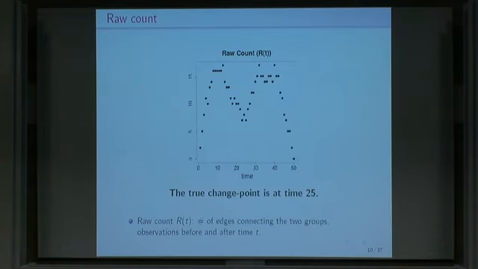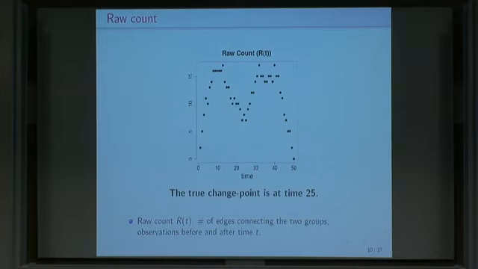So here, the x-axis is time, and the y-axis is the raw count that we just saw how to obtain in the previous slide. At the true change point, time 25, this raw count indeed is relatively small. But this raw count is also small at the two ends. That is because at the two ends, one of the groups has a very small number of observations.